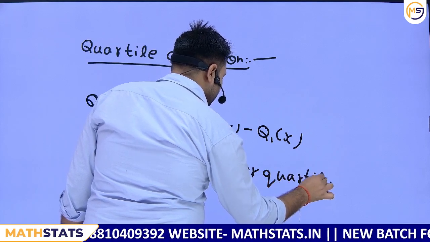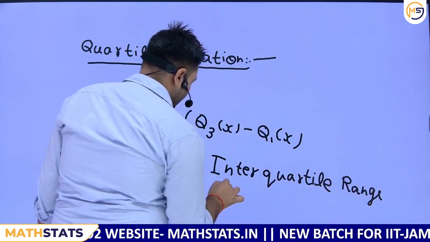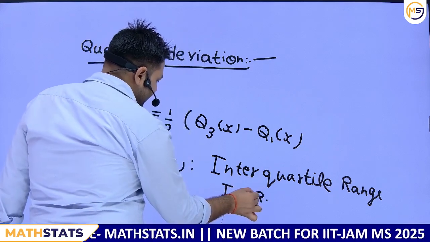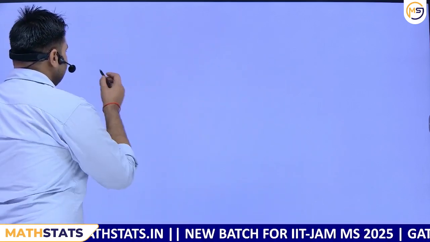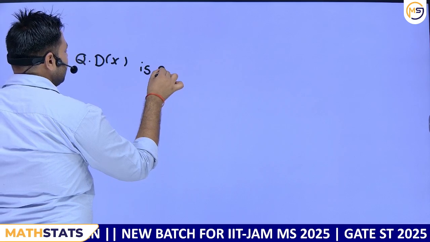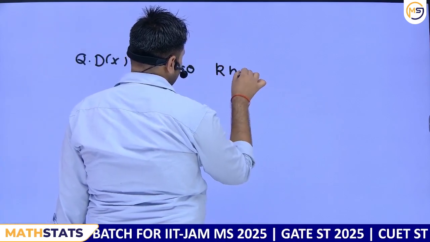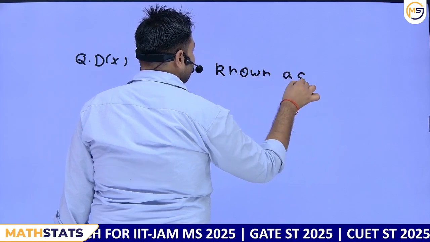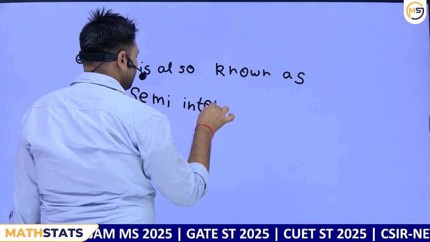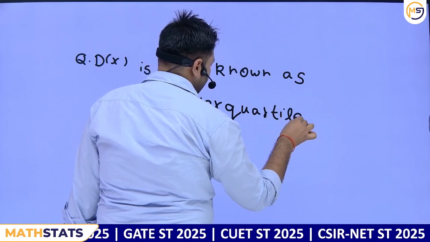And this QD, this quartile deviation, is also known as the semi-interquartile range.